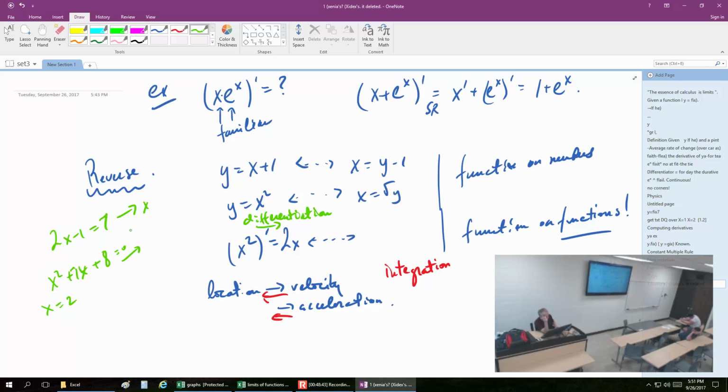So, for example, if the derivative of the function is equal to 2x, what is the function? x squared, right? So that's roughly, a lot of the time, how integration works. It's just having a table of differentiations, and then you go from left to right, and you try to find the appropriate entry on the right and go backwards.